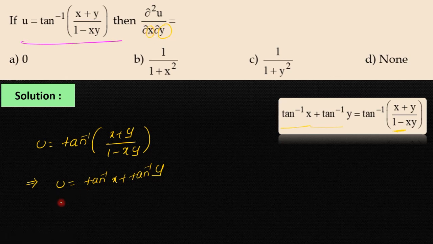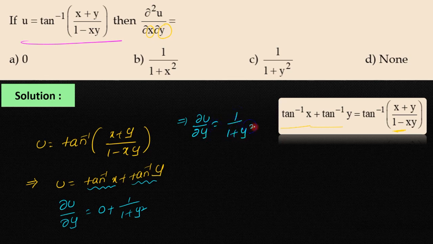Here partially differentiating with respect to y, we get dou u by dou y is equals to, here partially differentiating with respect to y, so x is constant, so tan inverse x is constant, differentiation of constant is 0, plus differentiation of tan inverse y is 1 by 1 plus y square. That implies dou u by dou y is equals to 1 by 1 plus y square.